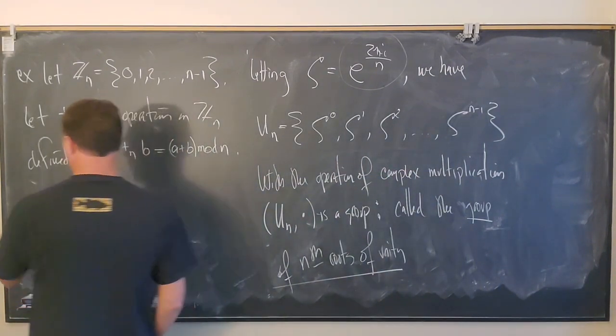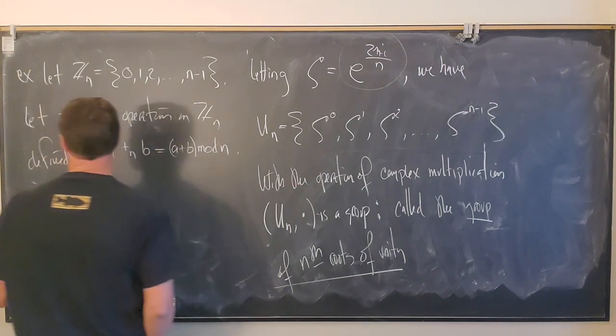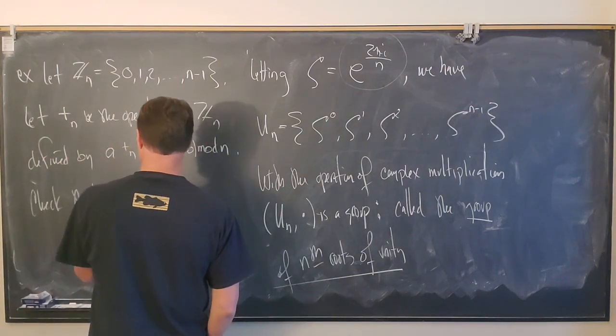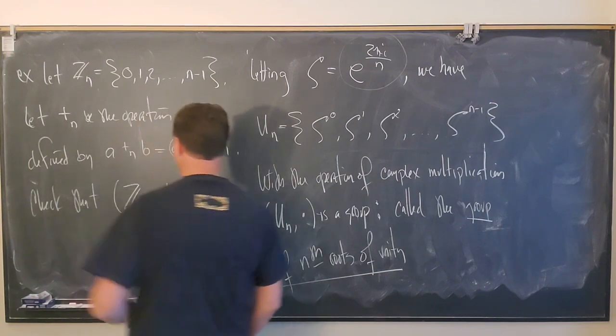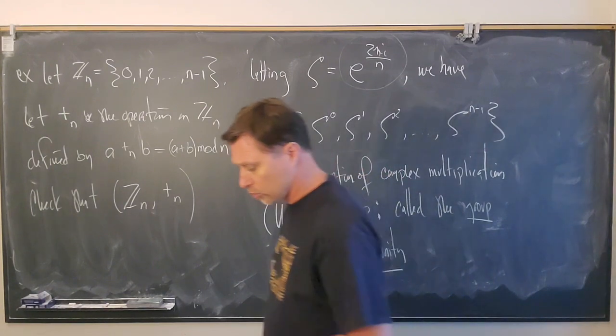So I'll just say check that Z sub n with the operation of plus sub n, addition modulo n, is a group.